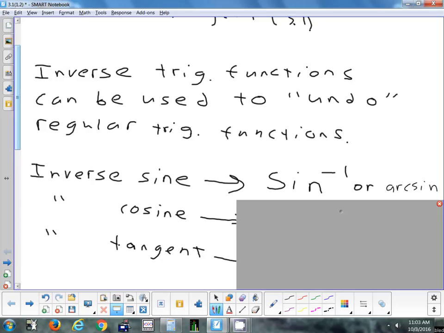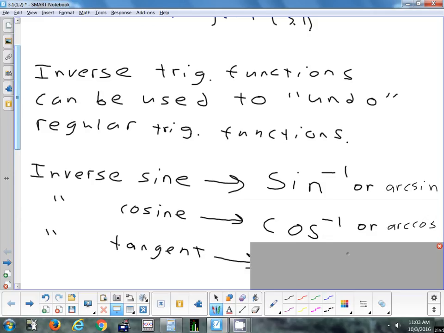Just think of it as the symbol for inverse sine. Another way you might see inverse sine written is arc sine. That's an older way of writing it. Most books now don't use that, but if you do come across it, it just means this. I'm probably going to write it with the -1.